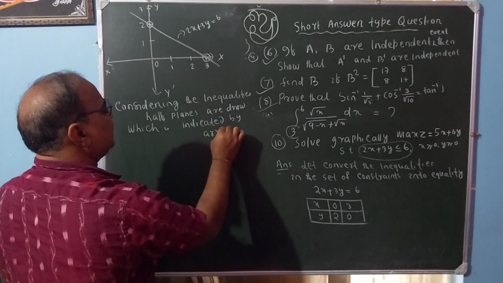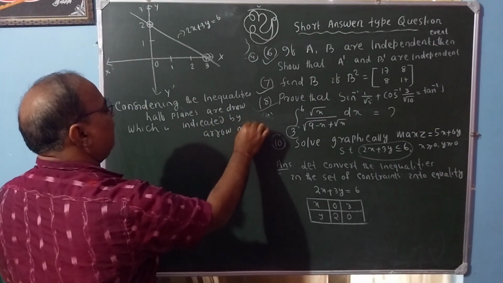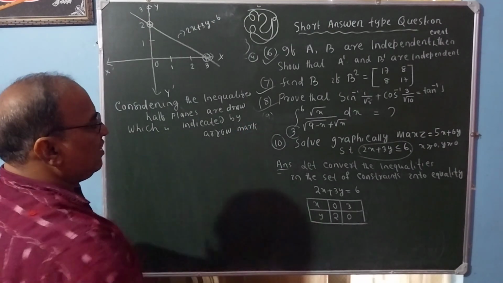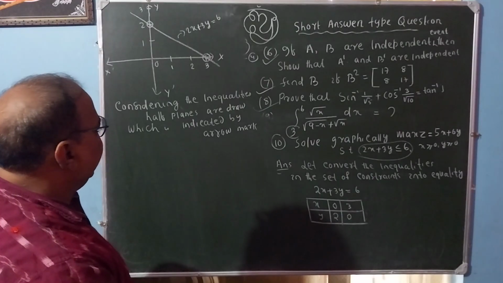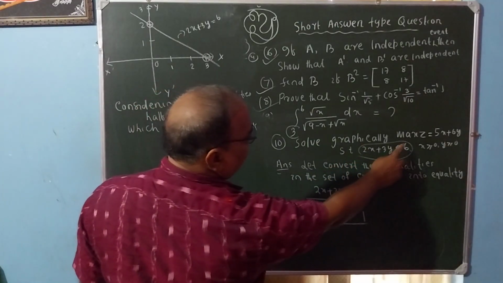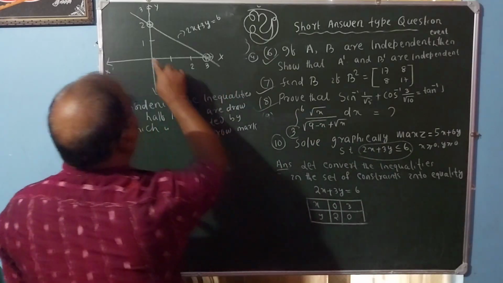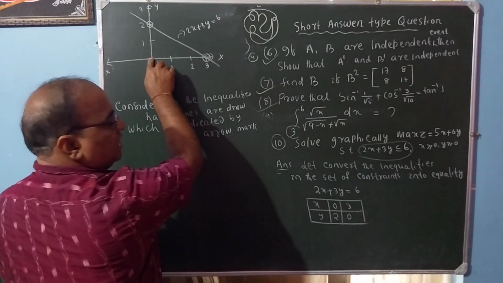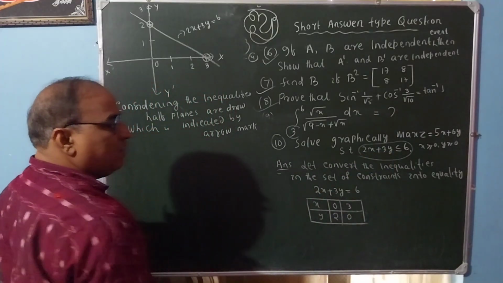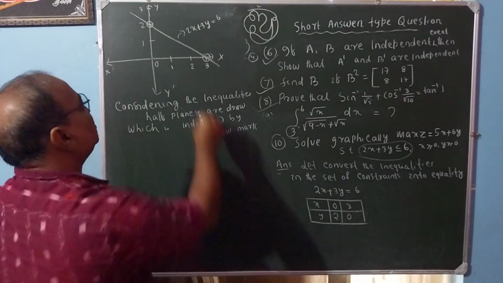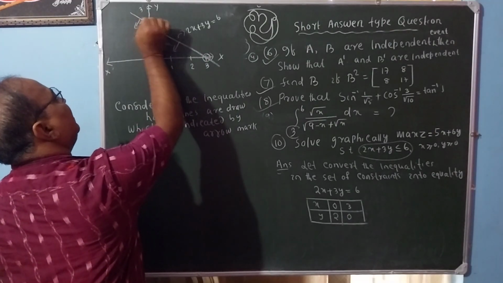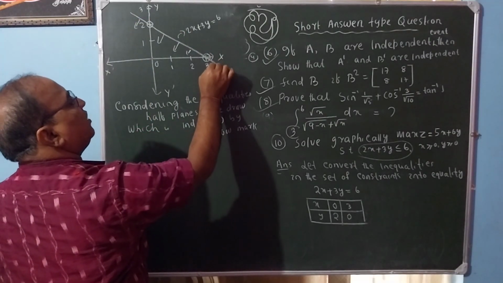This is the second step of LPP. Considering the inequalities, half planes are drawn, which is indicated by arrow mark. Here the inequality is 2x plus 3y less than or equal to 6. Origin is here. Put x 0, y 0: 0 less than or equal to 6, which is true. So the arrows will be towards the origin. Okay? Arrows are towards the origin.